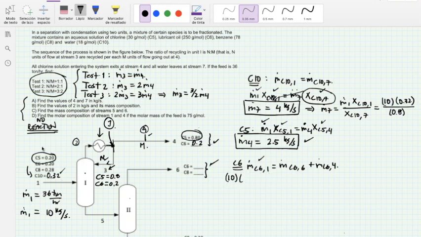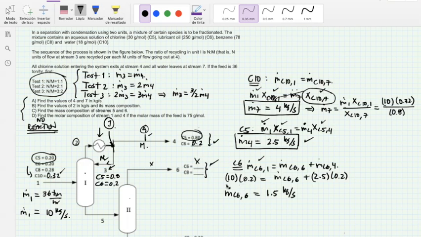This is 10 times the composition at 1, which is 0.2, equals something that I don't know, because I also don't know M6. Therefore, this is MC6 at 6, plus something that I will know because I already know M4. So this one is M4, which is 2.5, times the composition of C6 at 4, which is 0.2. With this, I will get the amount of C6 at 6. This is the mass flow of C6 at 6, which is 1.5 kilograms per second.